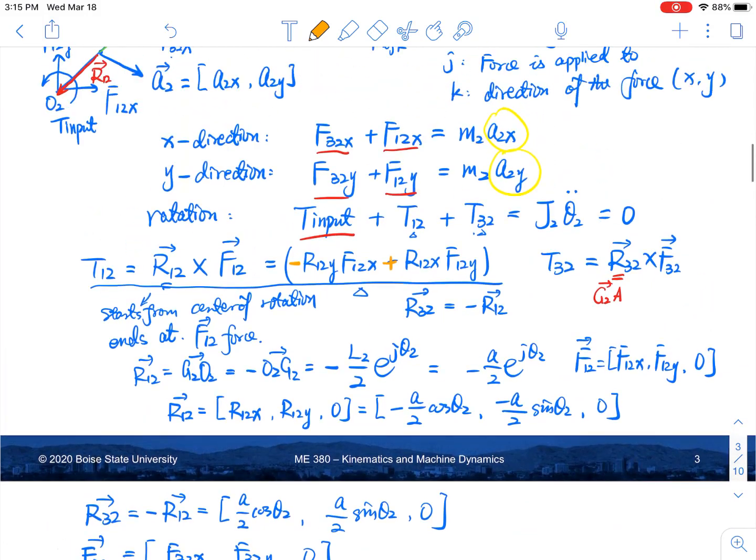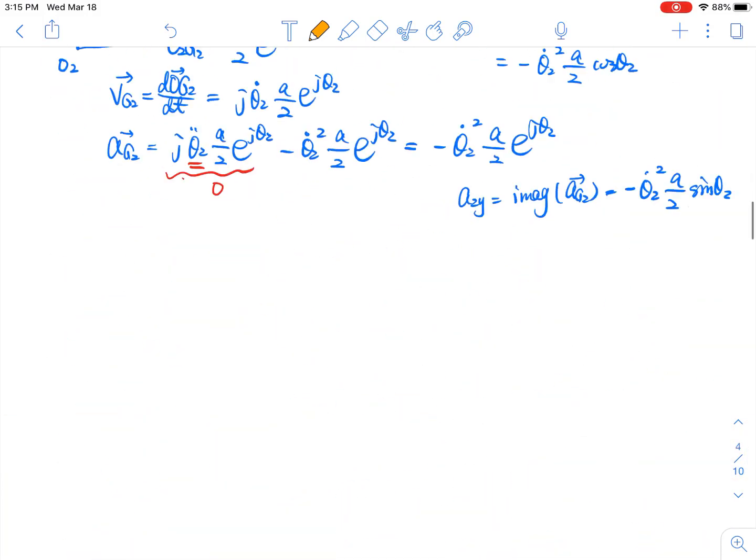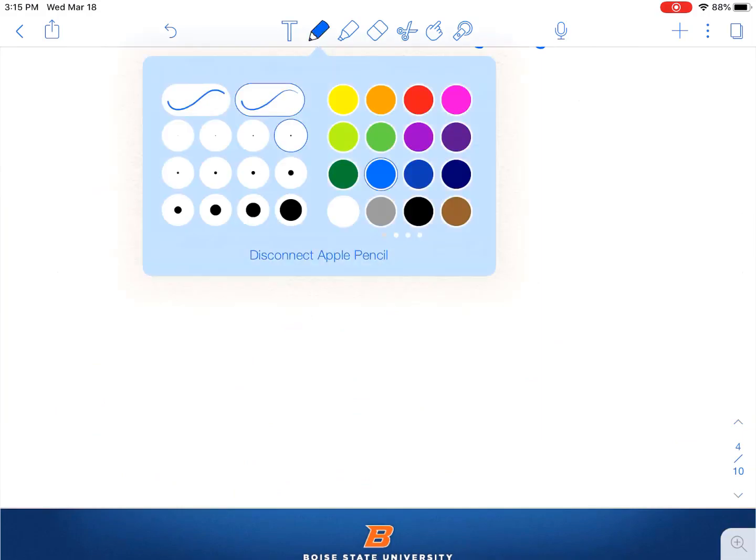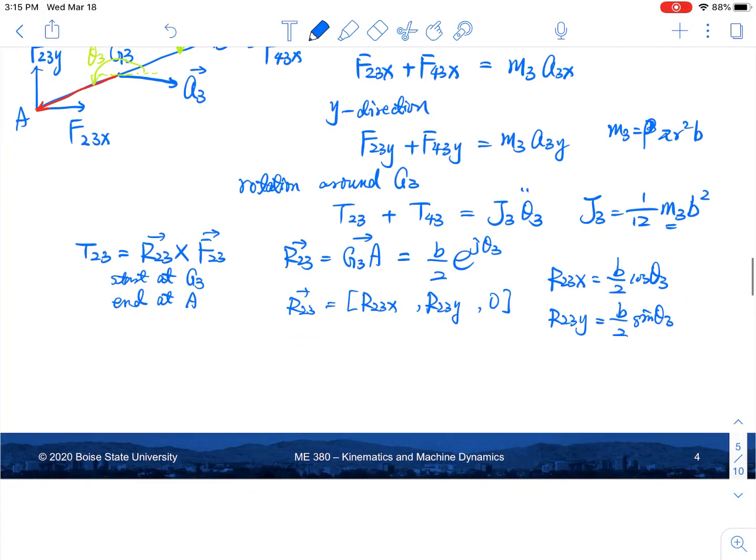Okay, I just went back and fixed the typo; I had the sign in the wrong order. So here, by definition, we know that your T23 is going to be R23x F23y minus R23y F23x, right?